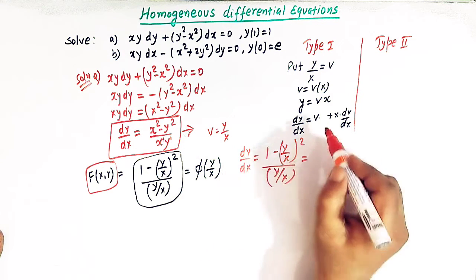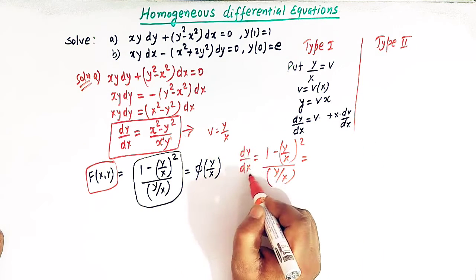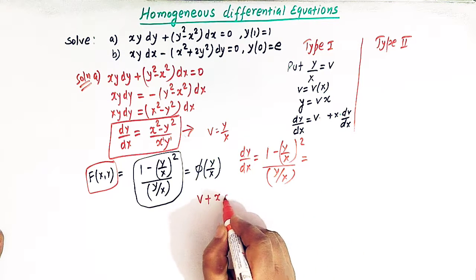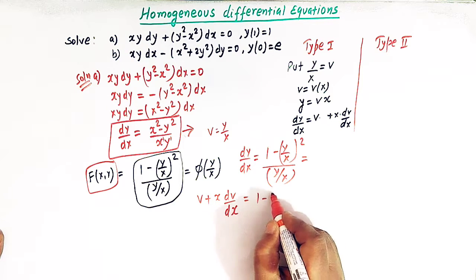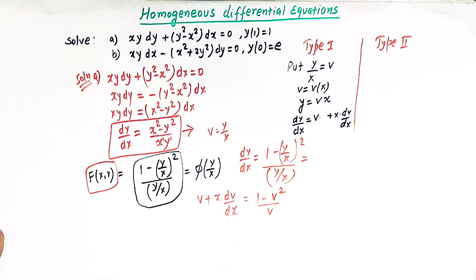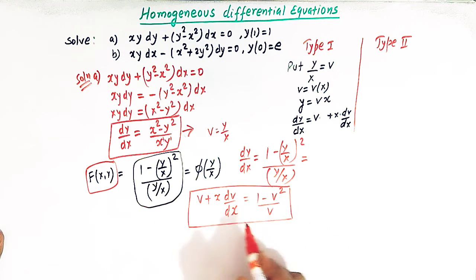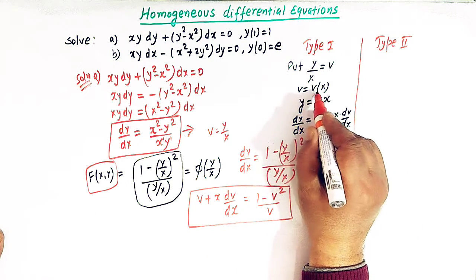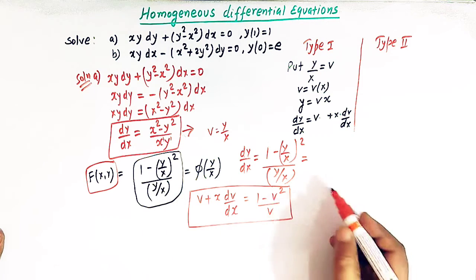So dy over dx is replaced by v plus x dv over dx, and here we have 1 minus v square, y over x is v, and here we have v, right? So now we have a differential equation in terms of x and v, and remember v is a function of x. So let us rearrange the terms here.